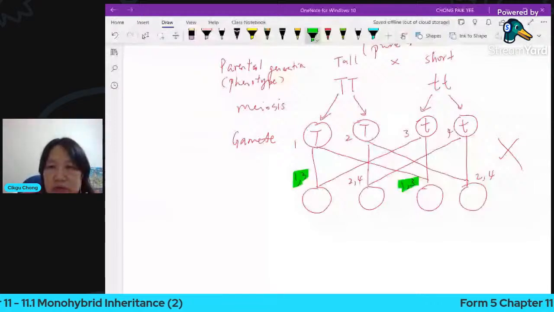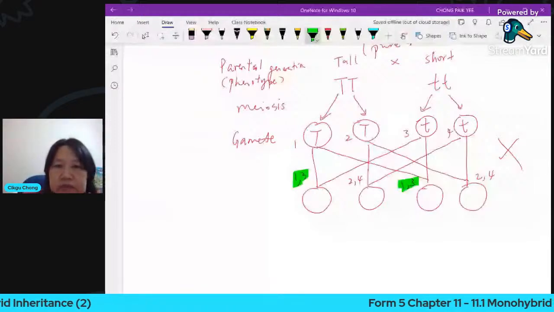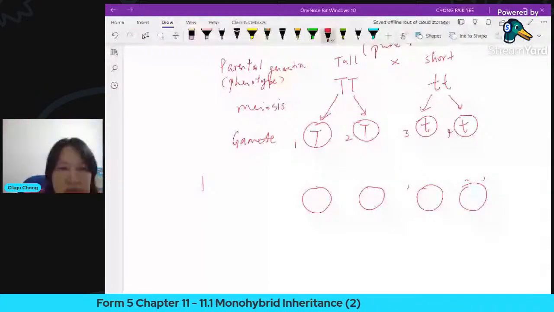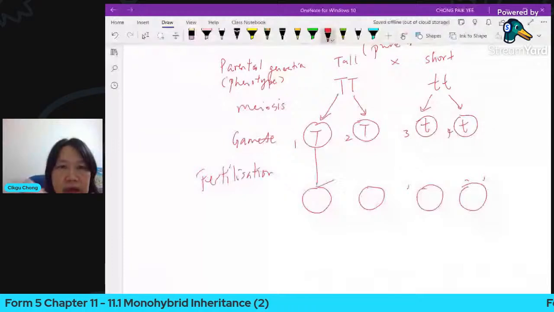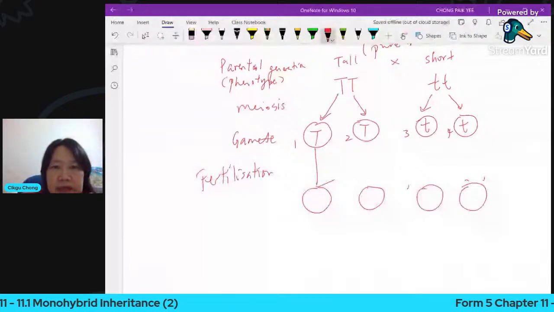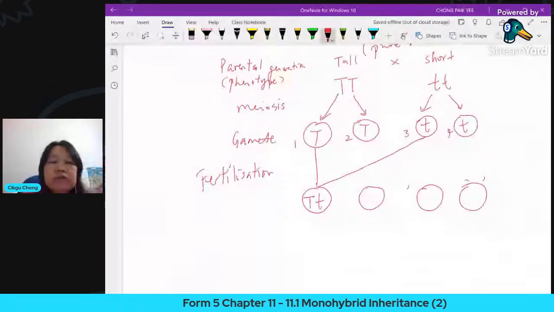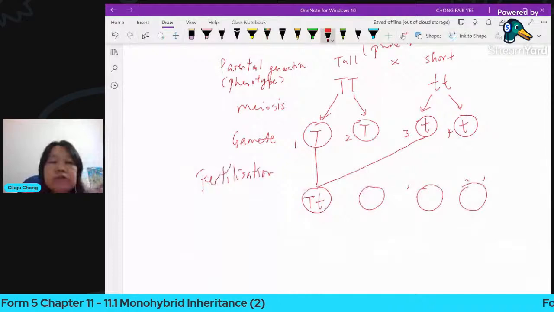So please write fertilization here first before you start. Fertilization. And you do like this, 1, 3. Write it down before you forget, because you're going to get confused when all the lines come. If you finish drawing all the lines and then draw all the T's, you will get confused and definitely get it wrong.